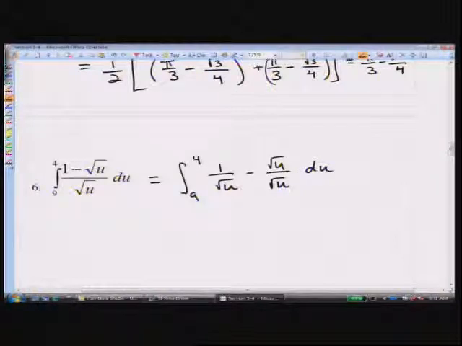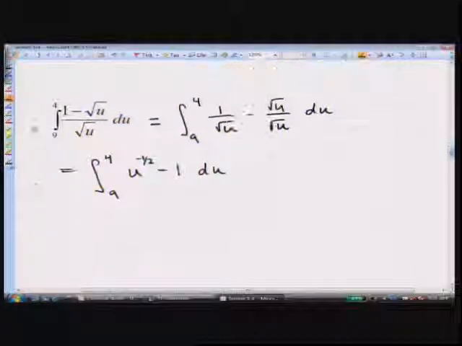Okay, and so before I work it, how would I clean that up? How would I write 1 over the square root of u? I'll give you a hint. U to the negative 1/2 power? Yeah. Okay. Square root of u over square root of u is? Yes, it is 1. All right.